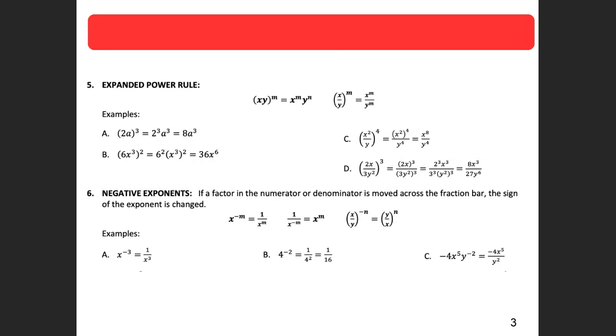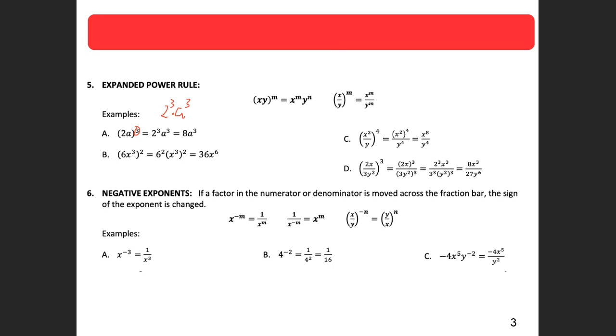Now, when you have parentheses, it really makes a difference. Okay? So this is called the expanded power rule. If you have something like 2a to the 3rd power, that exponent goes to the two factors inside the parentheses. So that would be 2 to the 3rd times a to the 3rd. Okay, that 3 goes to both of them.